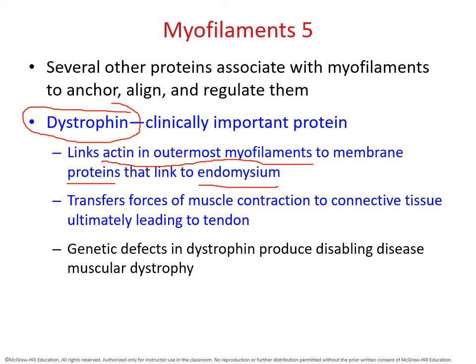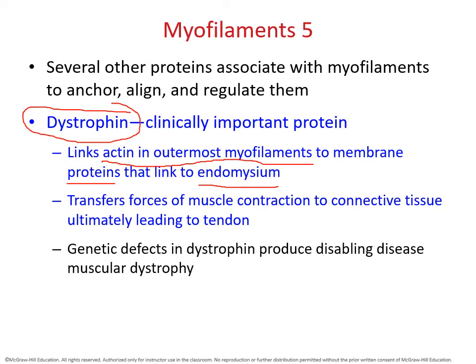Picture coming soon, I promise you. The dystrophin protein is going to allow us to connect the thin filament that's on the inside of the muscle to the endomysium covering that's on the outside of the muscle. So when the inner part contracts, the dystrophin is able to communicate that with the endomysium so that the endomysium will get the muscle as a whole to contract as well.